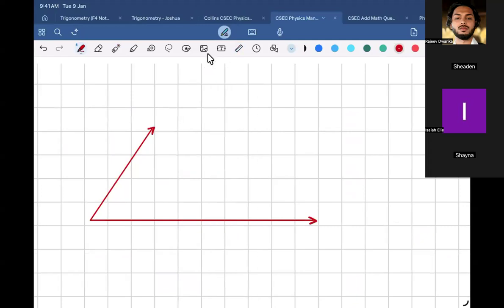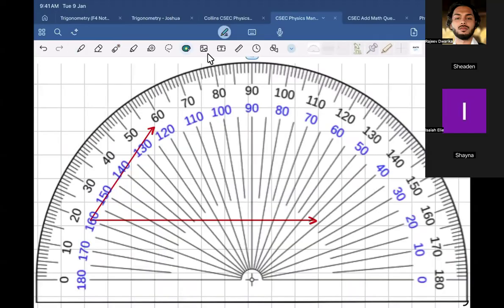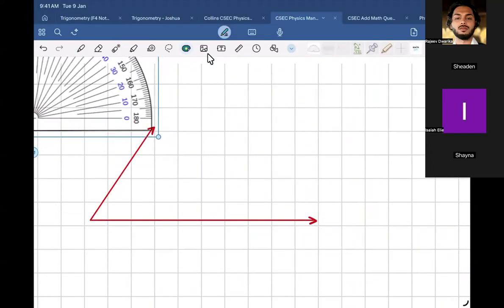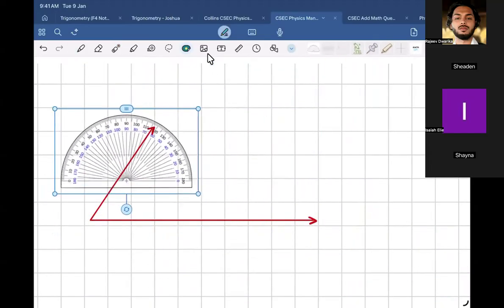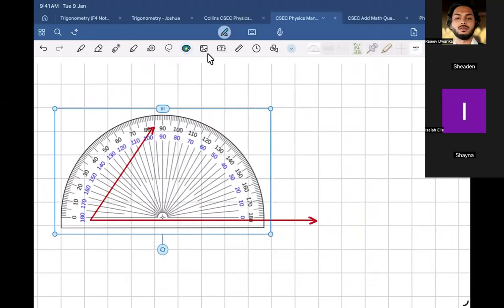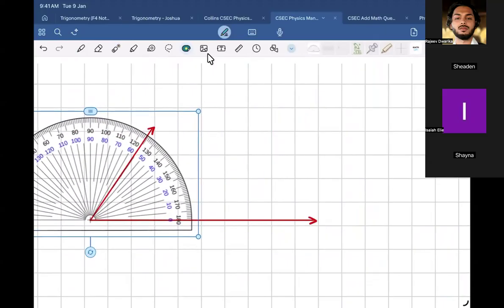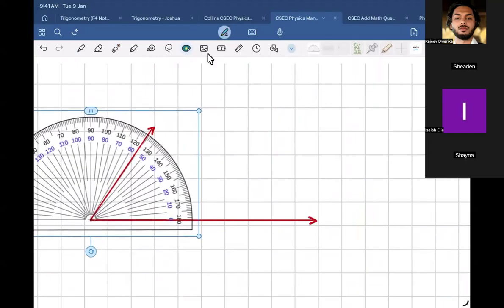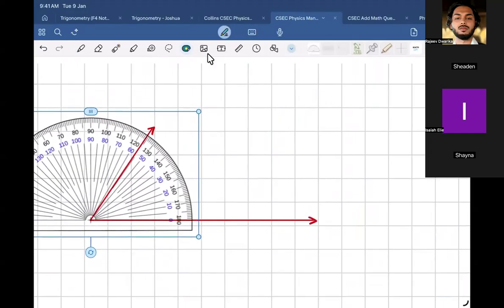So what I want you guys to, let me get my compass real quick. Do you all have a compass? I just always mix up the names. If I'm a math teacher, I really shouldn't. Could somebody remind me, is this a compass or a protractor?